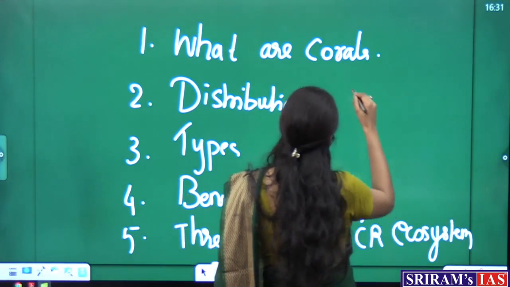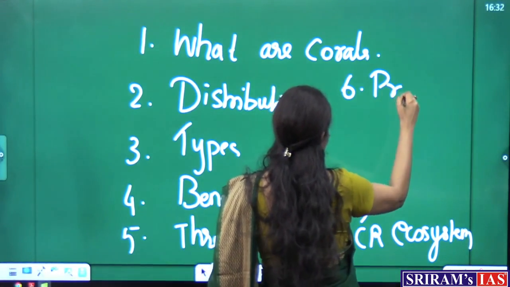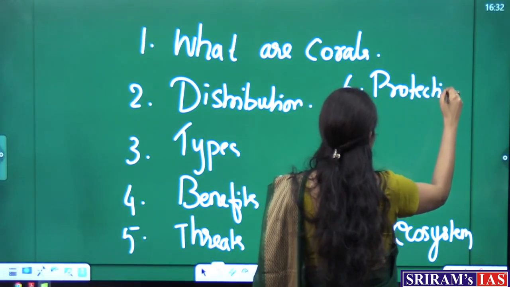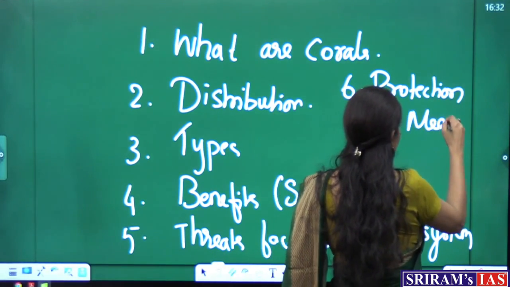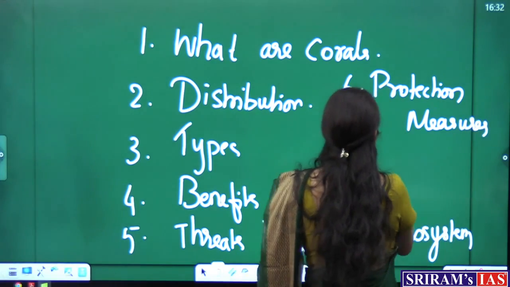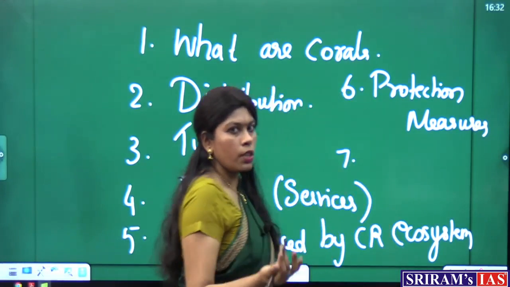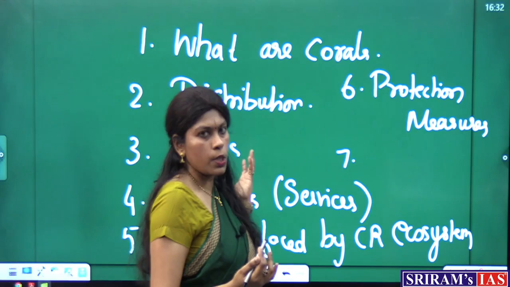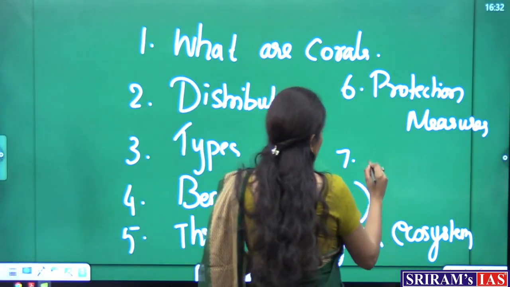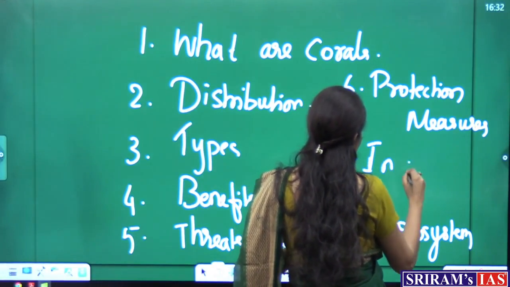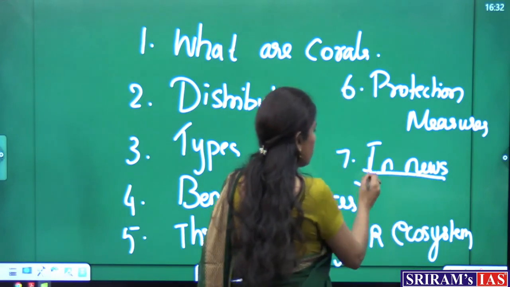And sixth, if there are any protection measures available to protect the coral, we will be seeing that also. Last, is there any other important news other than the cryomesh technology which came in the newspaper? So in news topics, if there is any, we will fill it in here.